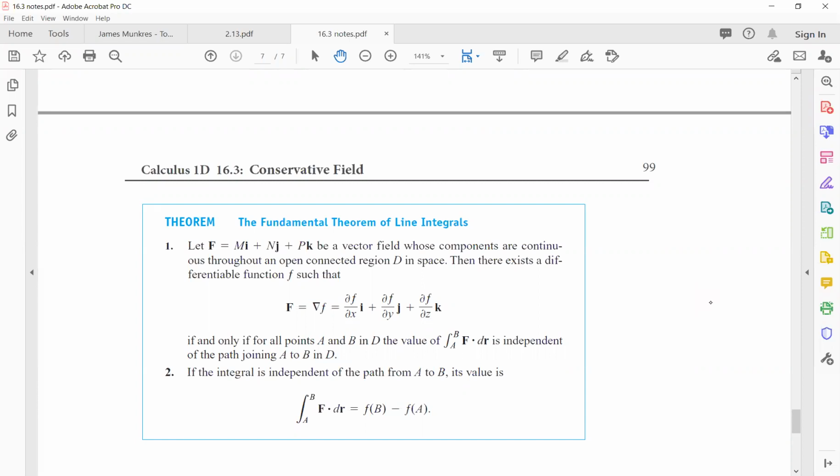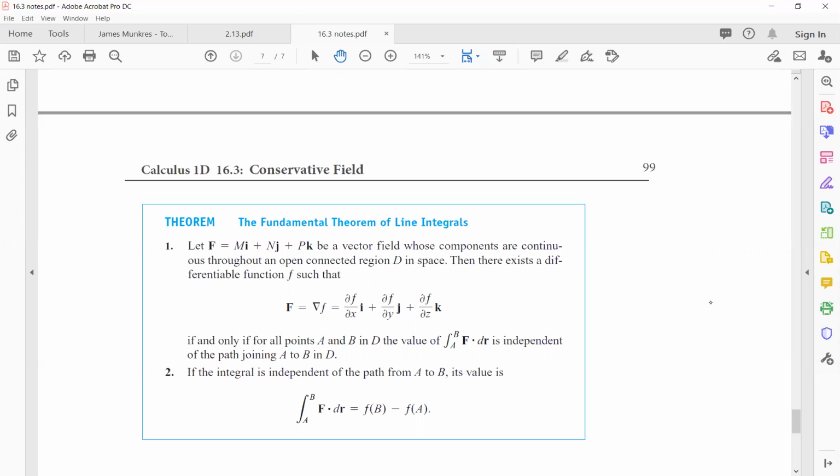Then you can find a differentiable function like f that satisfies the condition of being a potential function if and only if for all points A and B in your domain, the value of the integral is independent of the path joining A to B. What's the meaning of that?